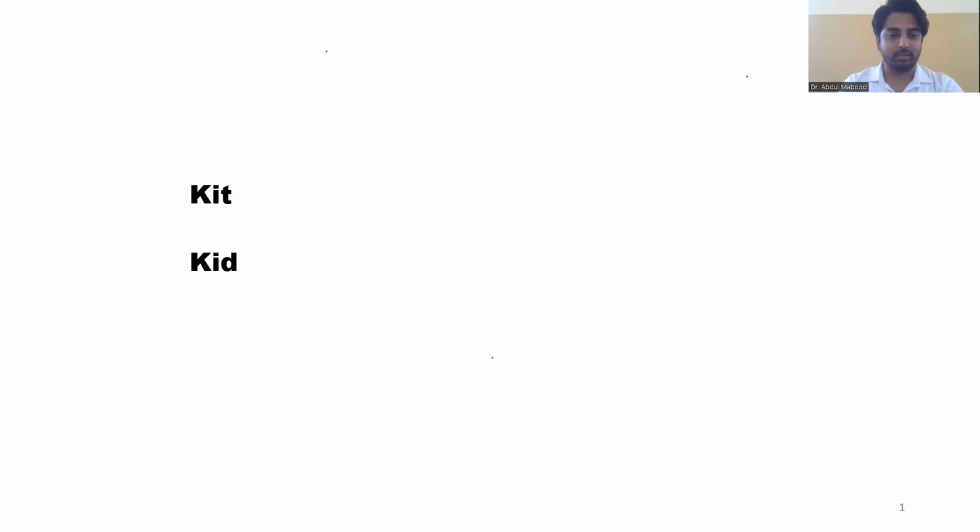The first word here is kit, K-I-T. The next word, kid, K-I-D. Then B-A-T, bat. Next, B-A-L-L, ball. Now, if we put S at the end of these words, like if I write K-I-T-S, then it would become kits.